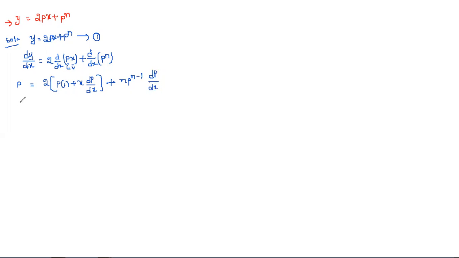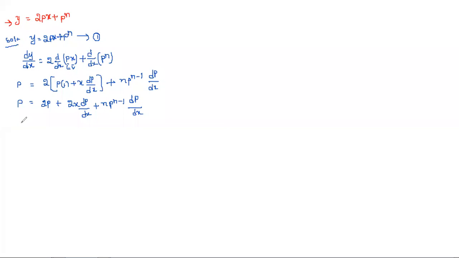So now p is equal to, multiplying 2 inside, 2p plus 2x into dp by dx plus n into p power n minus 1 dp by dx.